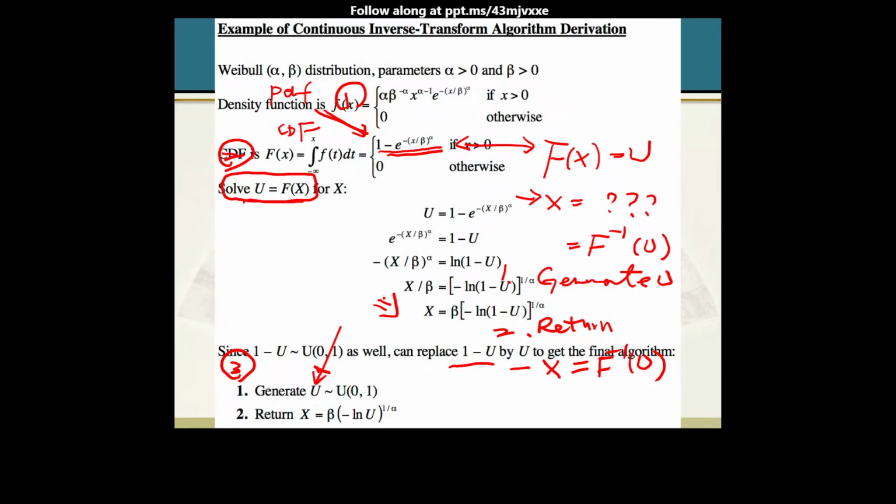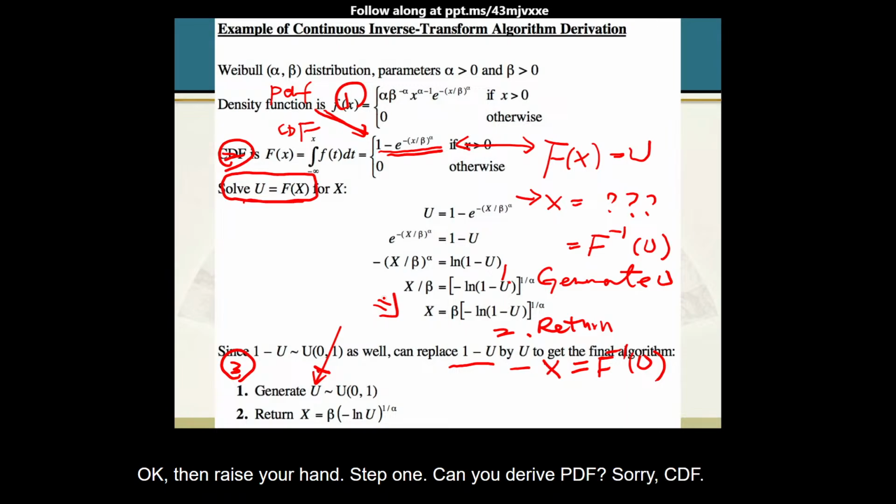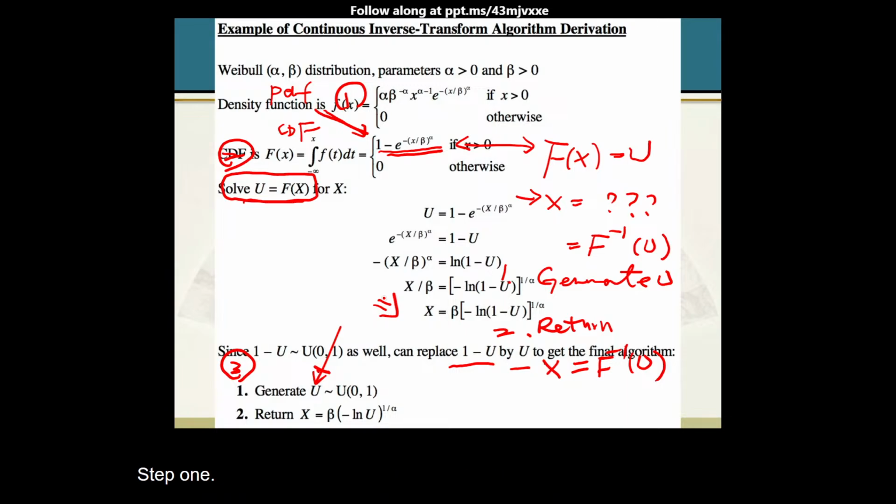So first of all, let me make sure. Step 1. Now, okay, then raise your hand. Step 1. Can you derive the CDF? Step 1. No questions, right? Step 2.